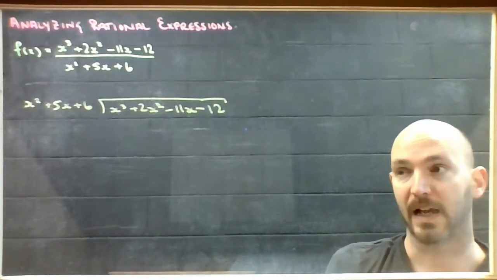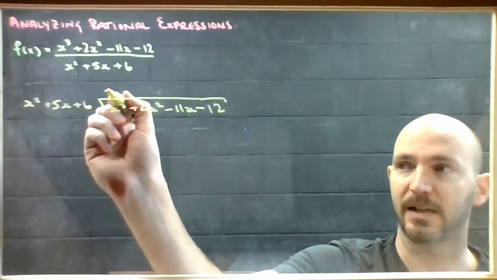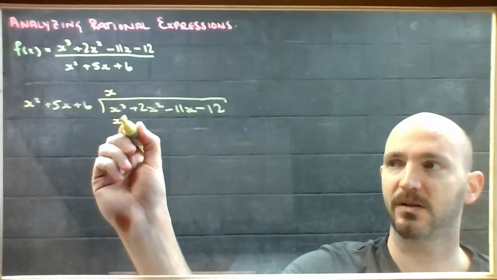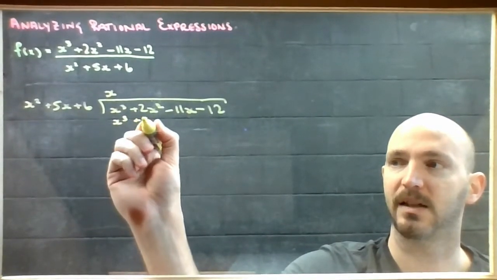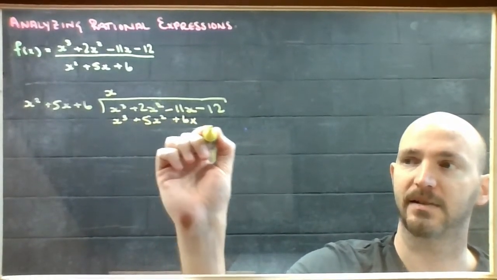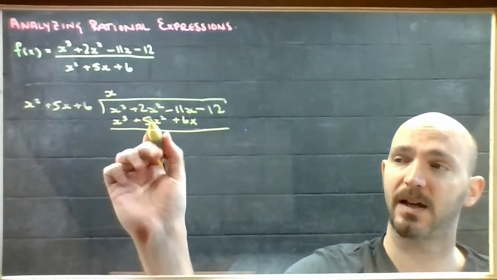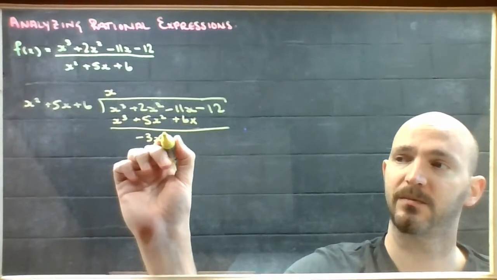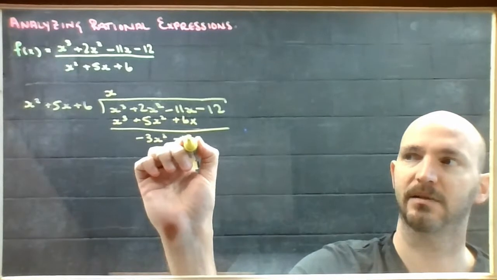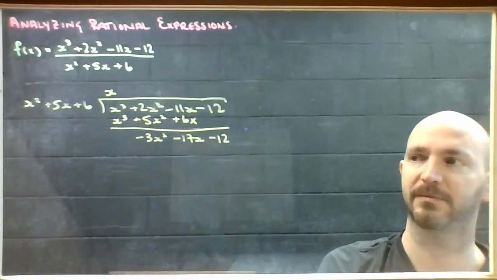So just running through the algorithm, in order to make an x squared and x cubed, I need an extra power of x. So x of these is x cubed, x of these is 5x squared, x of these is 6x's. Take them out of the pile. I'm left with 2 minus 5 is minus 3. Minus 11 minus 6 is minus 17. And minus 12 minus nothing is just minus 12.